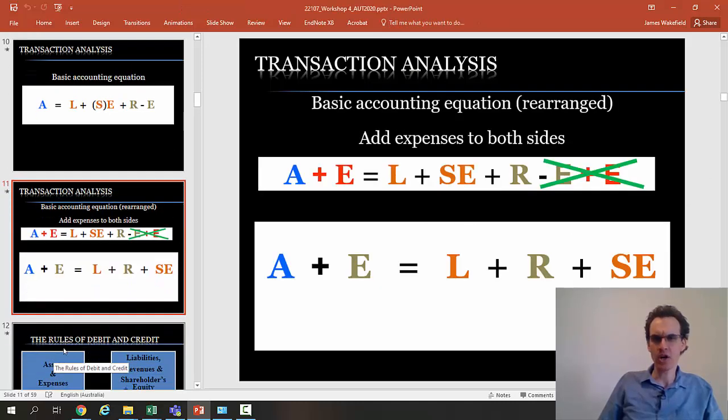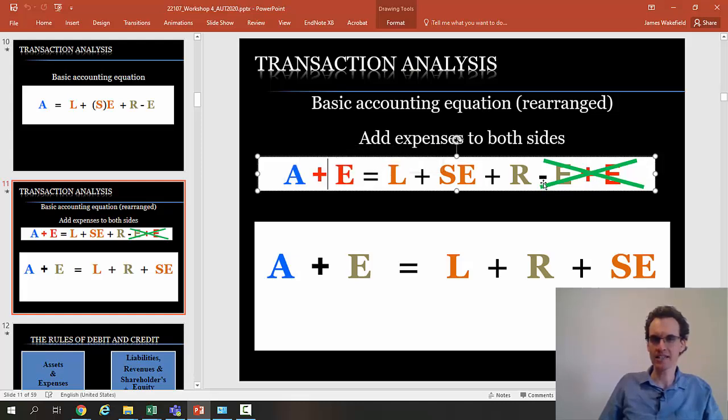Now, if we go to the next slide, I rearrange this equation using basic mathematics that you learned in Year 8 if you studied in Australia, so early high school. I leave the revenue on the right-hand side, and I take the expenses off the right-hand side and add them to the left-hand side.